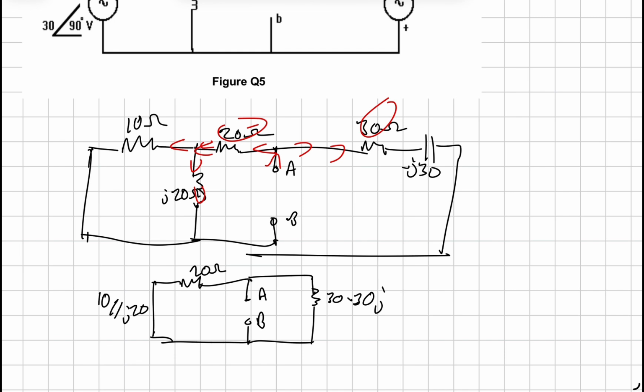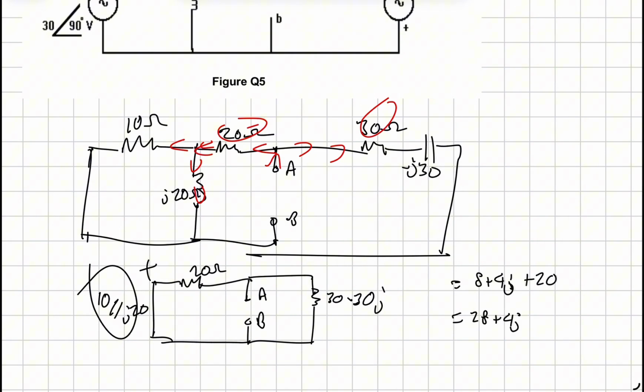Right? That's how I would do it. So, do this first. You would get 8 plus 4J. And then you'd add that, because that's in series with that. Plus the 20, you would get 28 plus 4J.